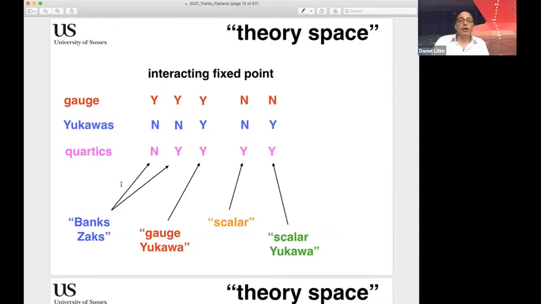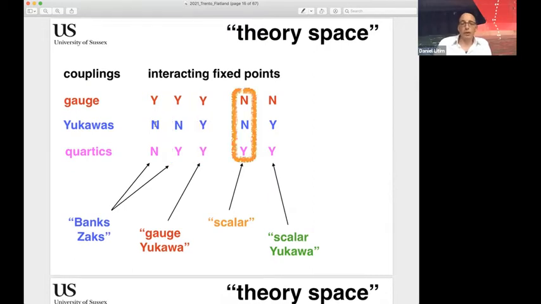So in a way, we can think of it in the form of this table where I show you the qualitatively different types of fixed points that could arise, where Y means these types of couplings are switched on at the fixed point and N refers to them being switched off. Okay, so you can see these are Banks-Zaks type fixed points or gauge-Yukawa fixed points where everything is switched on.